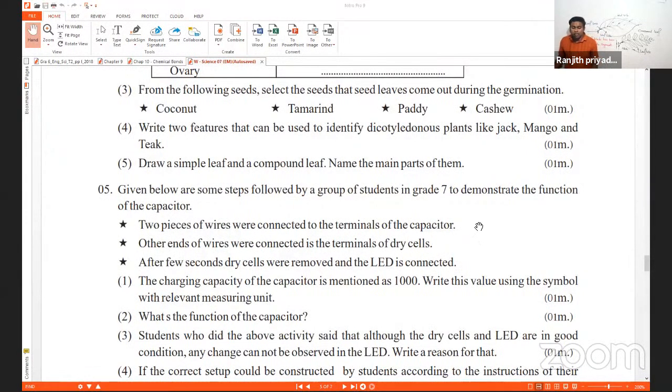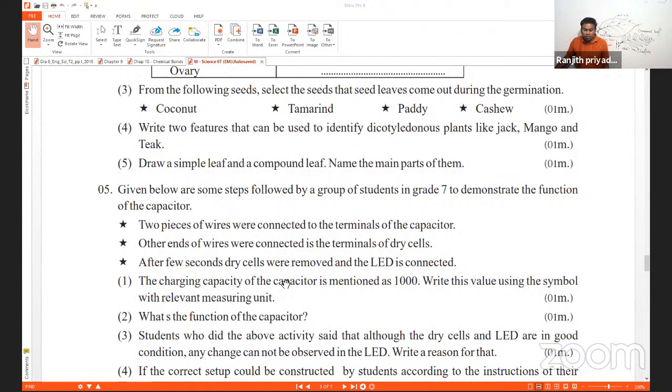We did a practical on this too, I think you remember. First, two pieces of wire were connected to the terminals of the capacitor. The other ends of the wires were connected to the terminals of dry cells. After a few seconds, the dry cells were removed and the LED was connected, but when connecting the LED we have to consider the correct polarity.